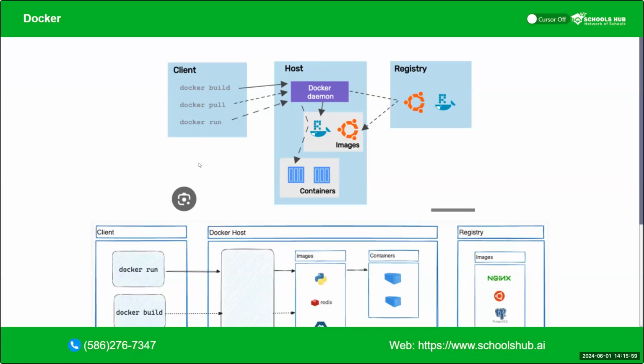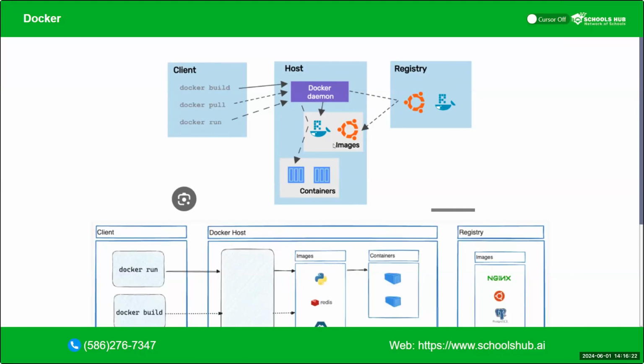This is mainly the client side where we have our CLI, that means command line interface, from where we can give instructions like docker build, docker pull. These are mainly the instructions, and they make API calls to the Docker host, which is the Docker daemon.